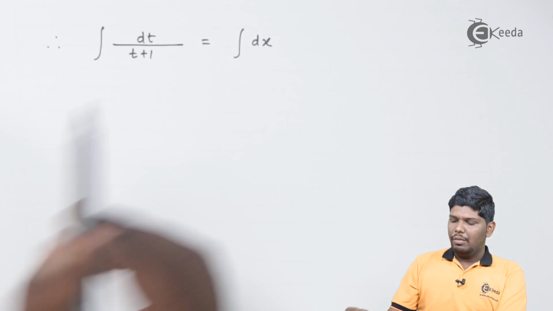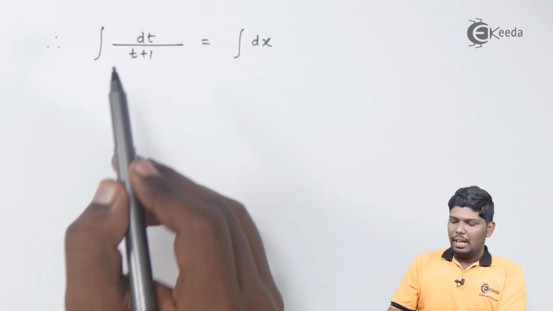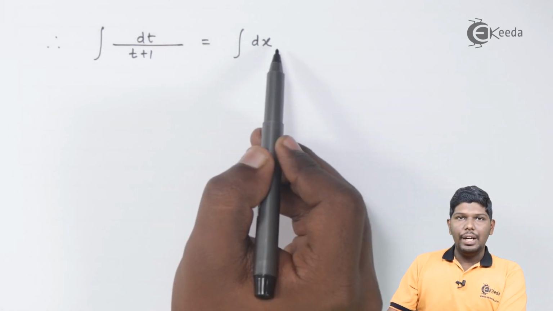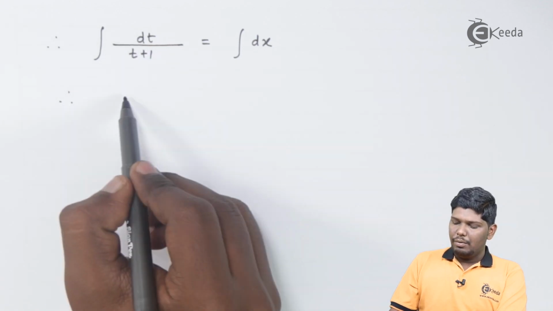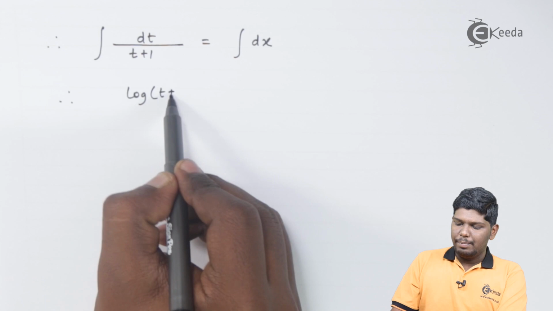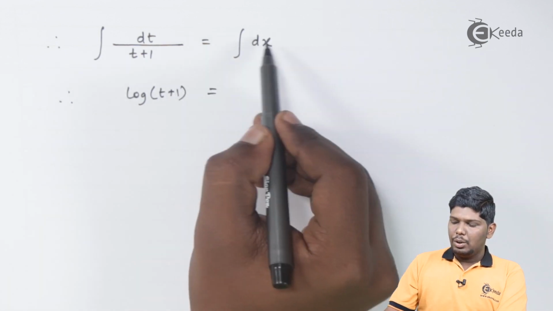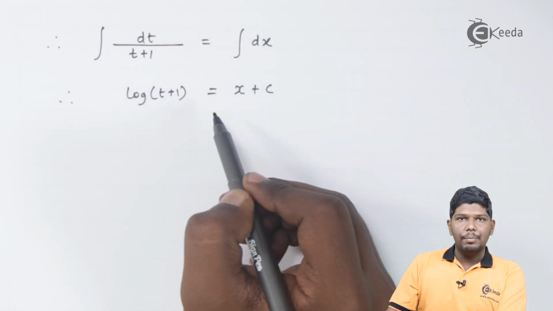Therefore, our equation number 1 will become integral dt upon t plus 1 equal to integral dx. Now integral of 1 upon t plus 1 will give you log of t plus 1, and integration of dx will be x plus c.